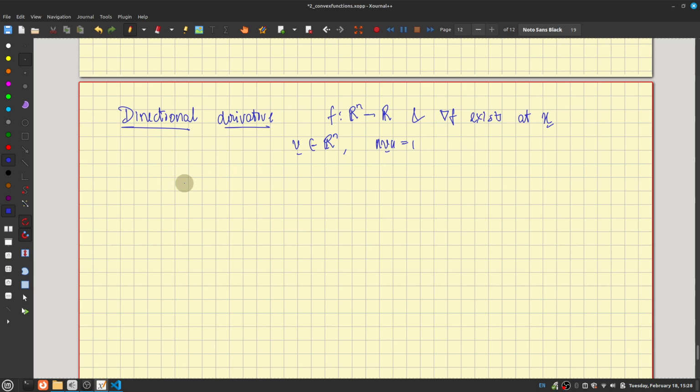Then what is the directional derivative of f at x along the direction v?